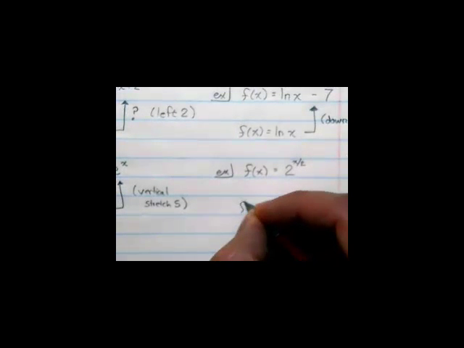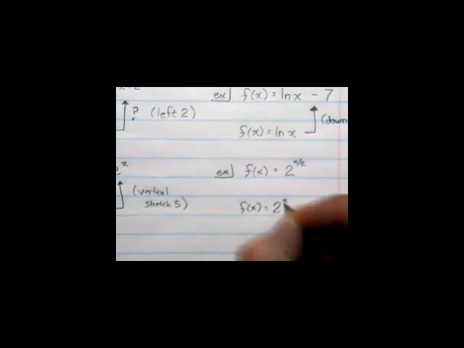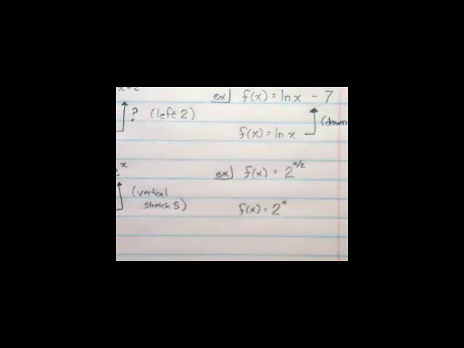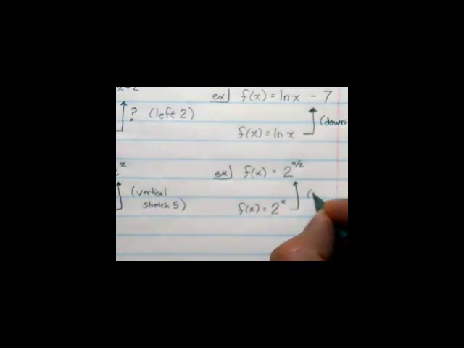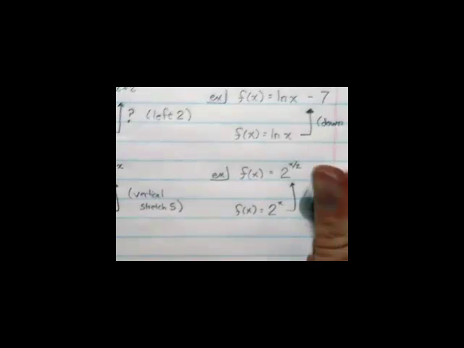Yeah. Because you would have started with just 2 to the x. Okay? And what happened to the x? It got multiplied by what? 1/2, right? Which is a reciprocal of 2, right? So yeah, this thing got stretched horizontally then by a factor of 1/2.